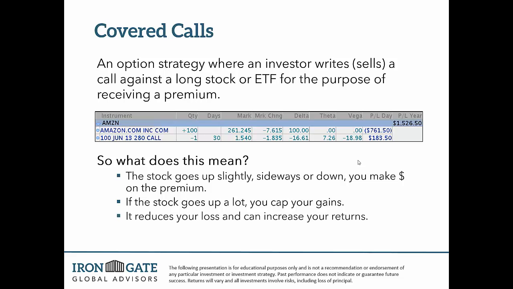All right. You can also see that it reduces your loss and can increase your returns over time. That's the alpha we're talking about. If I sell an option far out of the money, there's a high probability that the stock doesn't reach that point. Well, I'm keeping my premium, right? So it can benefit me in that way.